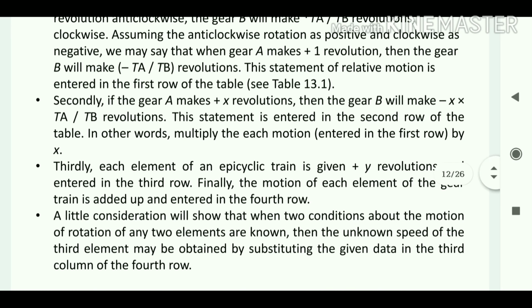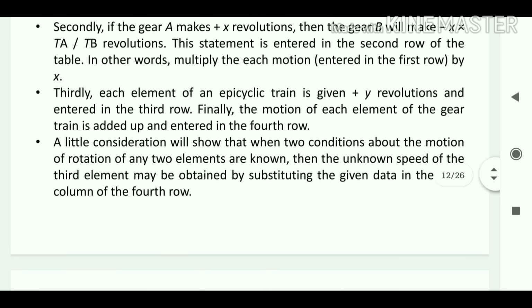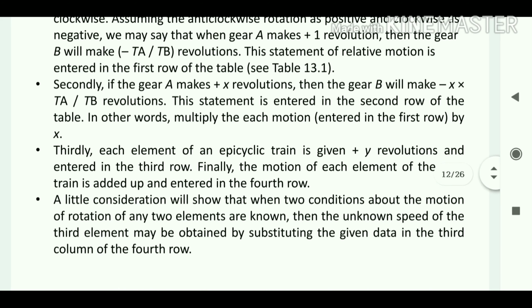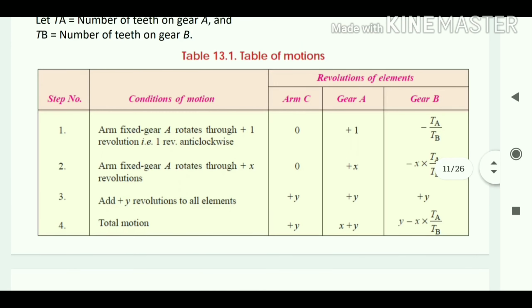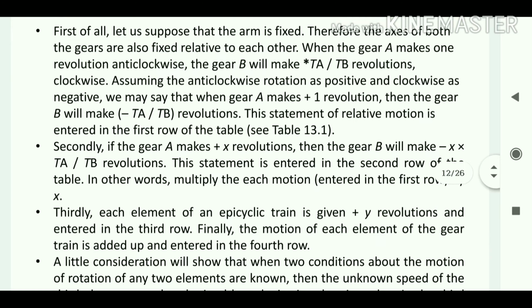A little consideration will show that when the motion of rotation of any two elements is known, then the unknown speed of the third element may be obtained by substituting the given data in the third column of the fourth row. So this method is used for calculating the velocity ratio of the epicyclic gear train.